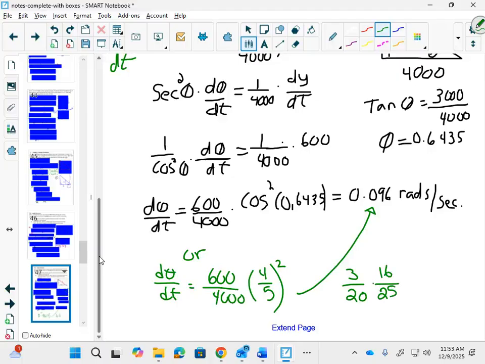And then, of course, the 16 and the 20 have a 4 in common, so if I divide them both by 4, that would be 4 and 5, and I get 12 over 125. Which, if you type that in your calculator, you're going to get decimal 0.96 that way as well. Okay, important.